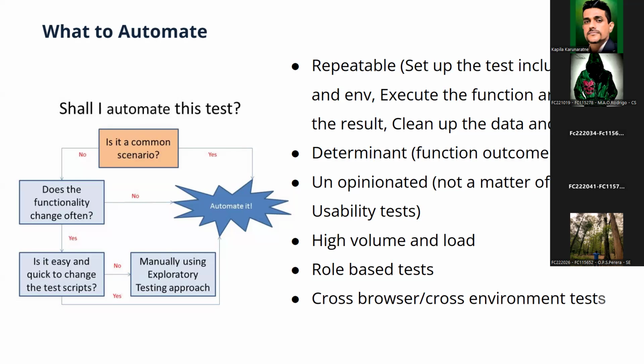That's where repeatability comes in. Or think you have to develop a web application that should support four browsers: Chrome, Edge, Safari, and Firefox. Then you have to run the same test case against all four browsers, otherwise you don't know whether your application works in all of them. In such a scenario, if you have automated test cases, you just execute them. You don't need to manually execute multiple times. It's very easy.